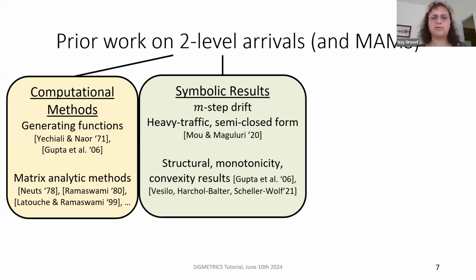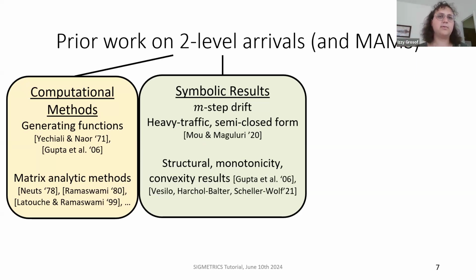There are also some nice structural monotonicity and convexity results, like Gupta 2006 and Veslow, Harker, Bolter, and Scheller-Wolf from 2021. And these are great. They tell you, as you vary certain parameters, and this work is specific to the two-level arrival system, does the behavior of the system increase or decrease or accelerate or decelerate?